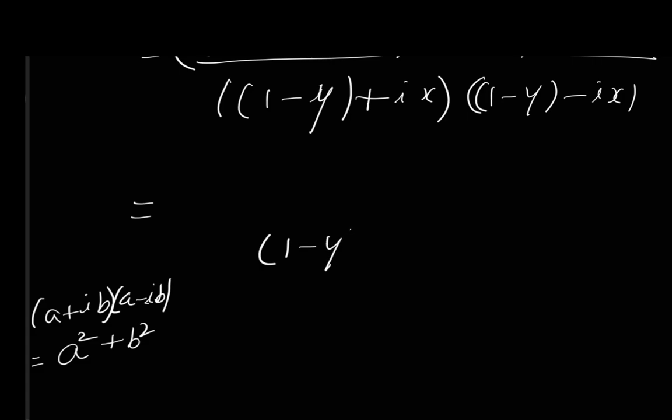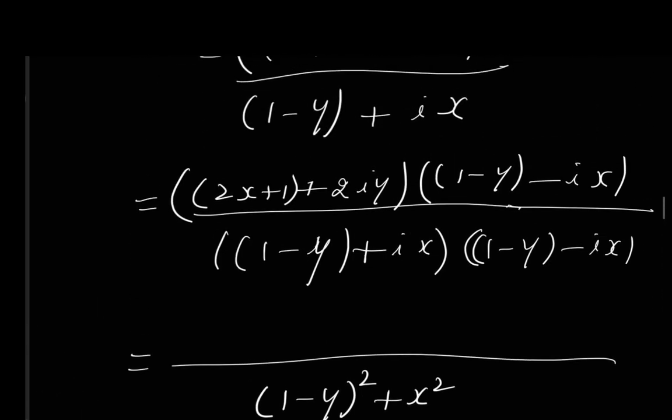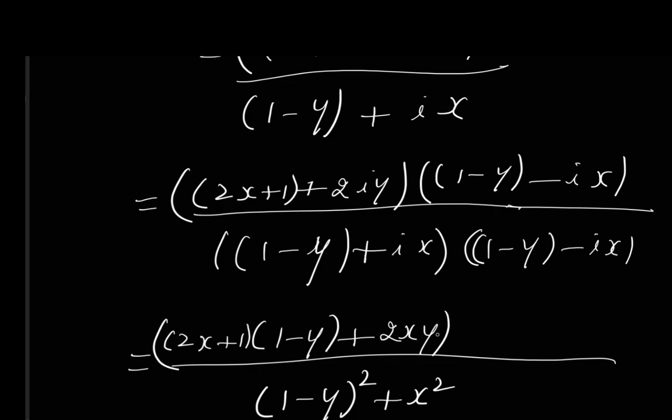So (1 minus y) the whole squared plus x squared, you will get the denominator. And in the numerator, split the real and imaginary parts. So (2x plus 1) into (1 minus y), then i squared is minus 1, minus of minus, plus 2xy. This is your real part.